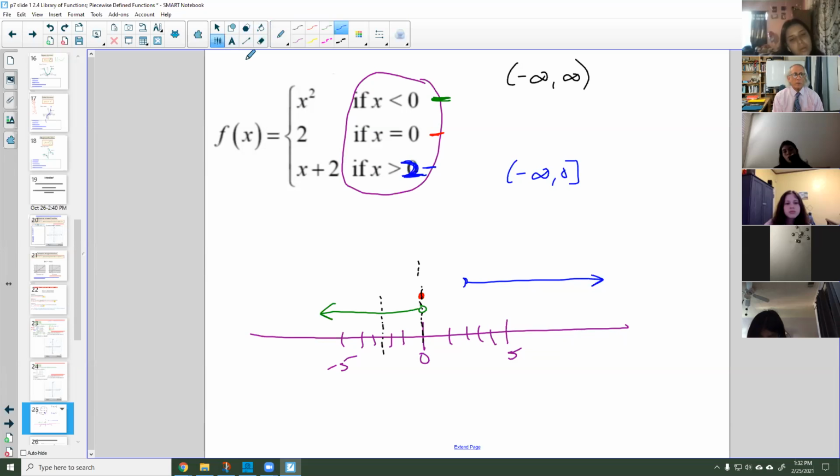No x values between 0 and 2. So that is not part of my domain. But then I start again at 2, and I would go to infinity. And then I would just unite those. So by focusing on this part of the piecewise function, I can determine the domain of the function.